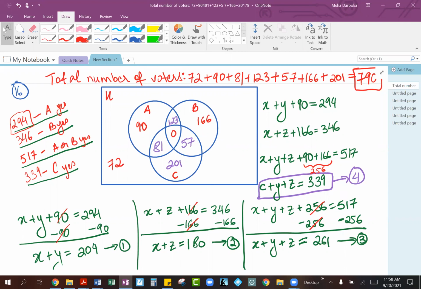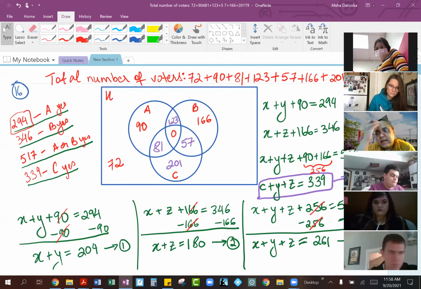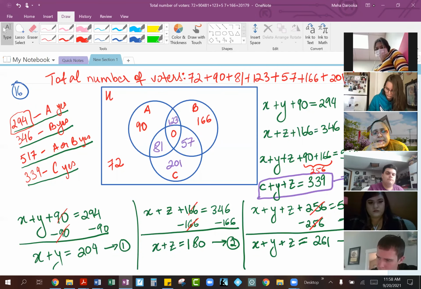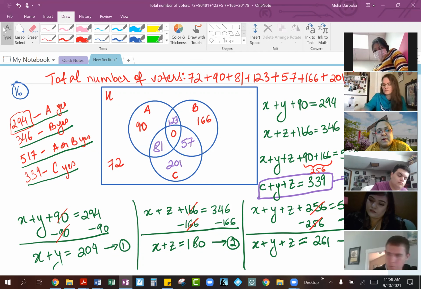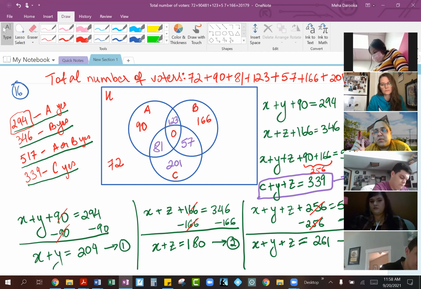Just give me the raw number of how many people voted yes on more than one proposition. And how do you come up with that? How many people voted yes on more than one proposition?